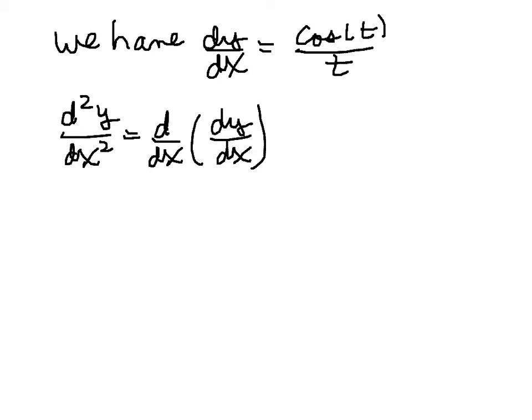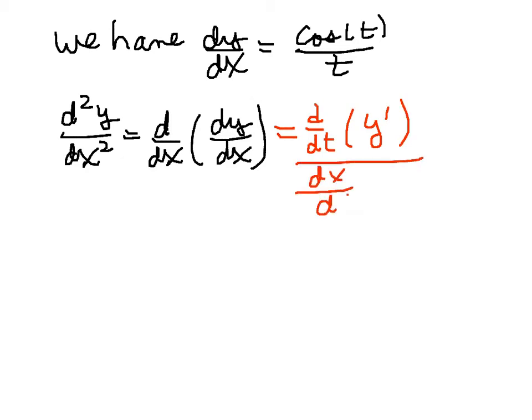So in a similar way, we see that we can write this as the derivative with respect to t of y prime over the derivative of x with respect to t. And that's really the trick right there. So let's see how it works on here.